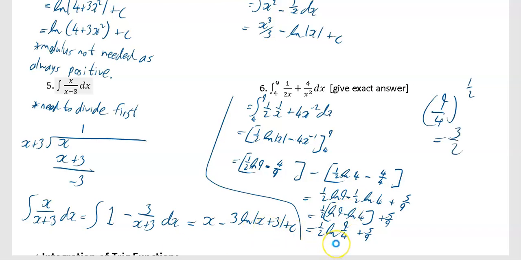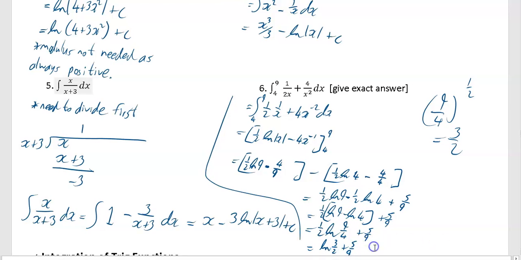So you can write this last bit as ln of 3 over 2 plus 5 over 9. And if you have a wee look at this, this is an exact, perfect answer. So we haven't rounded to any decimal places. This is exactly what you want.